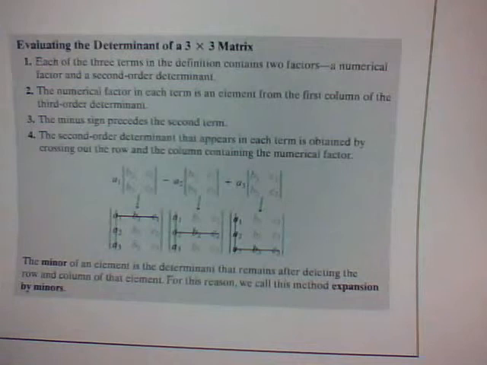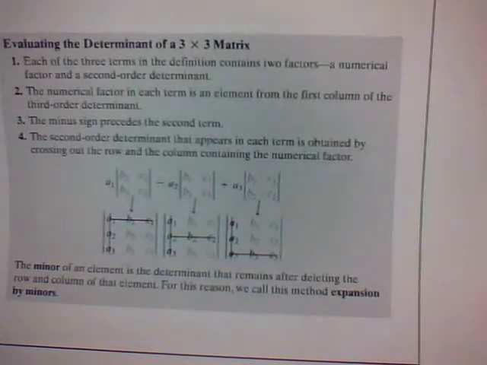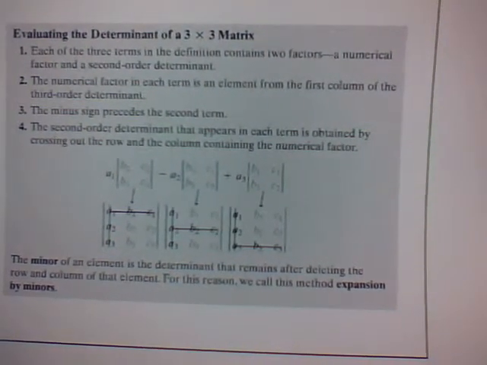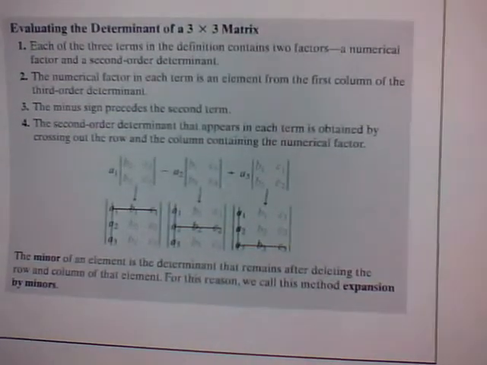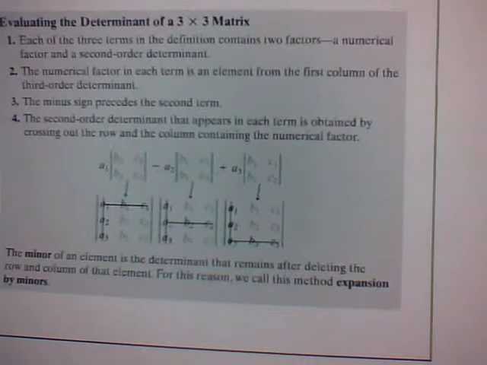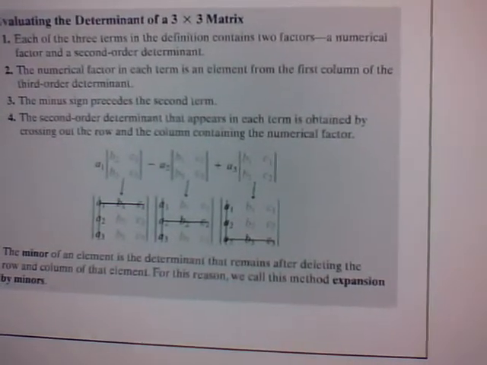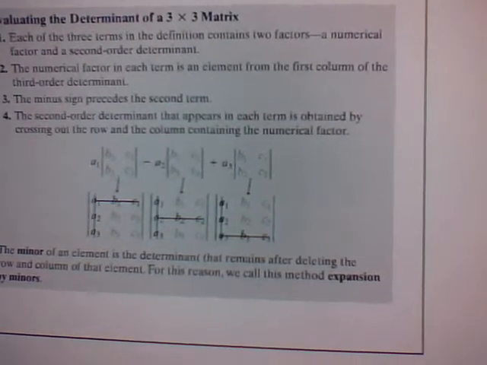Each of the 3 terms in the definition contains 2 factors, a numerical factor and a second order determinant. The numerical factor in each term is an element from the first column of the third order determinant. The minus sign precedes the second term. The second order determinant that appears in each term is obtained by crossing out the row and the column containing the numerical factor.